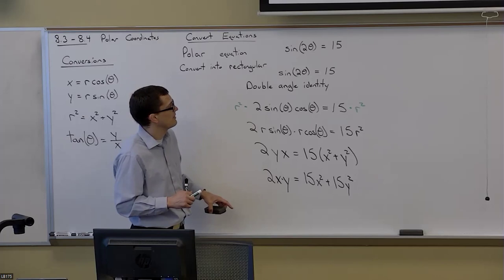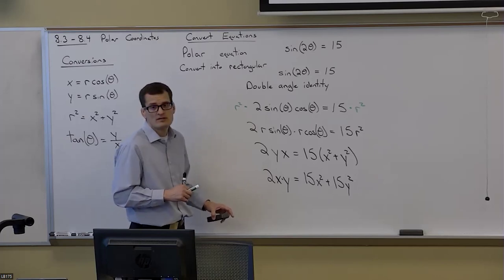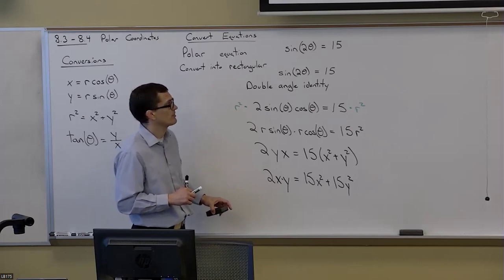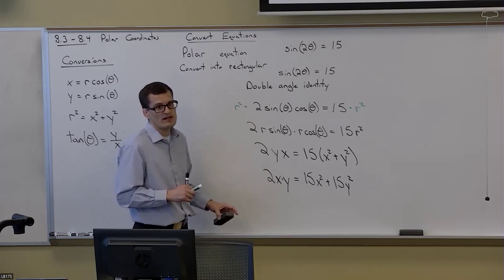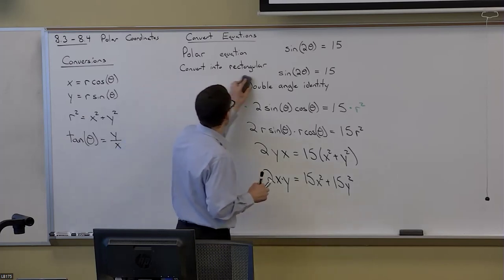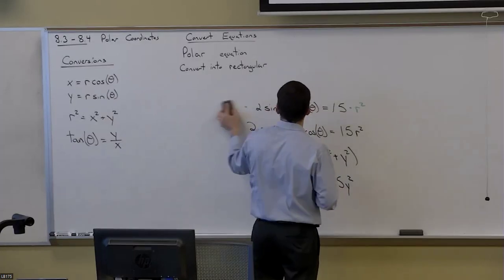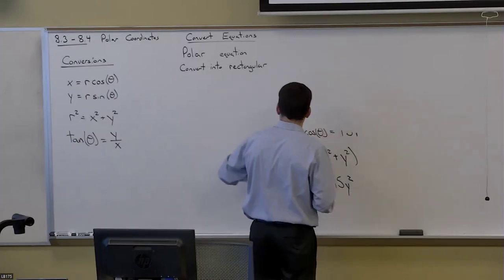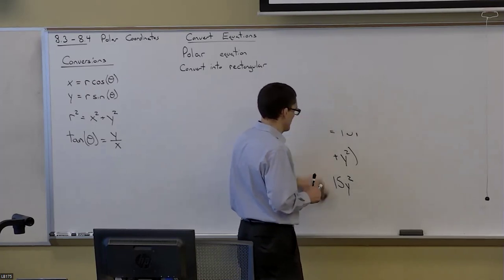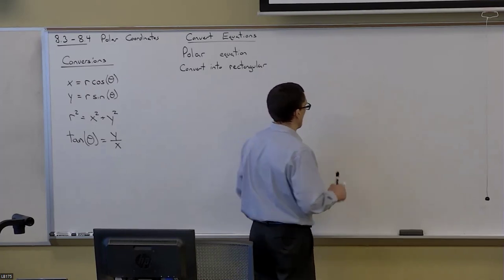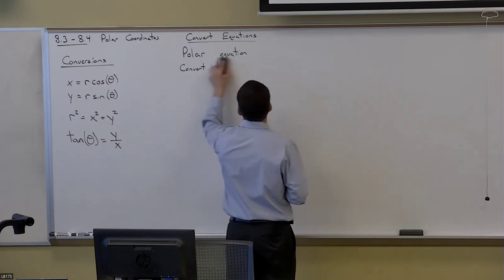This one probably would not be at all. I don't think there's any real numbers that work here. But if you're to graph any polar equation, this was probably a bad example. But if you're to graph any polar equation, you could graph it by plotting points.